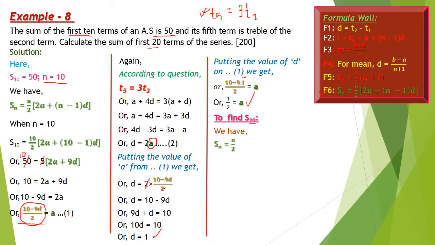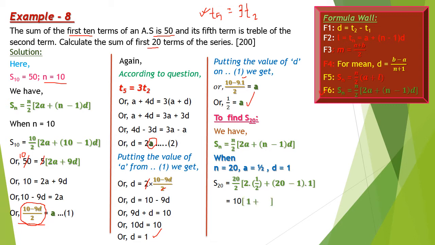Sn is equal to n by 2 bracket 2a plus n minus 1 d. When n is equal to 20, a is equal to 1 by 2, d is equal to 1, S20 is equal to 20 by 2 bracket 2 times 1 by 2 plus 20 minus 1, and the value of d is 1.